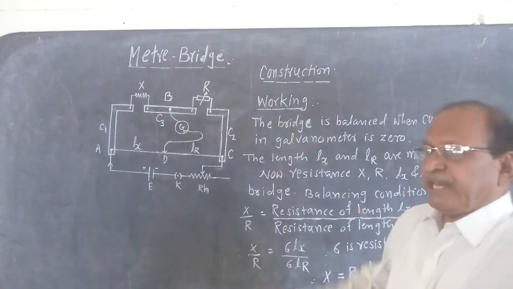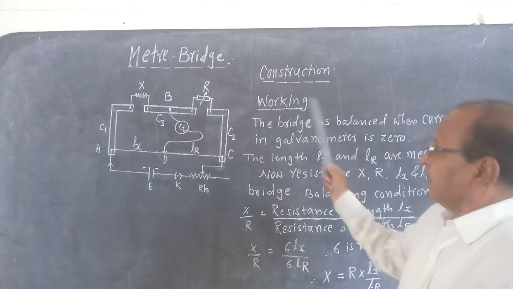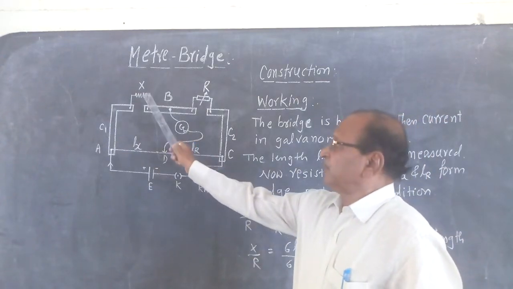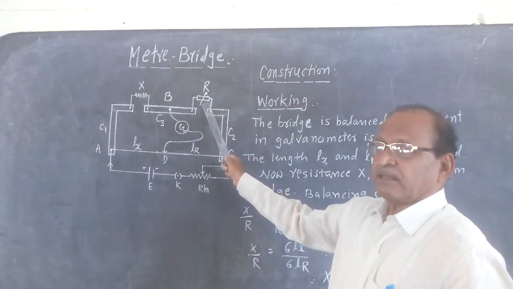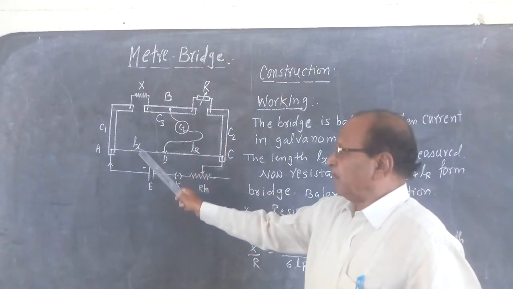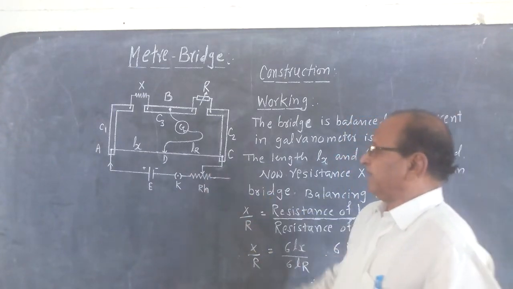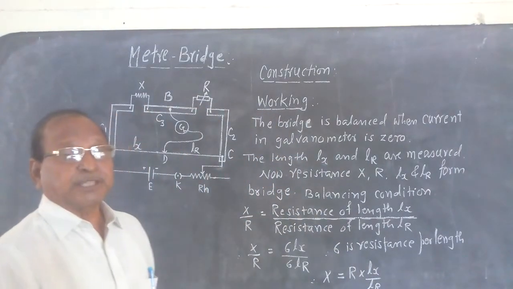Now the bridge is balanced. For the balancing condition, the resistance X, resistance R, resistance of length Lx and resistance of length LR will form a resistance network.